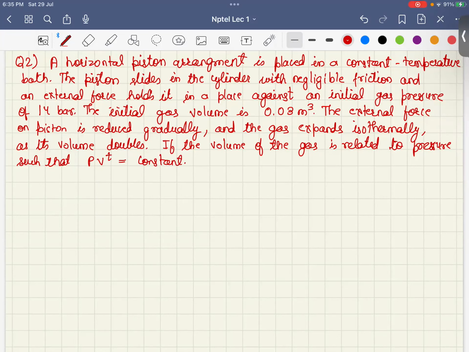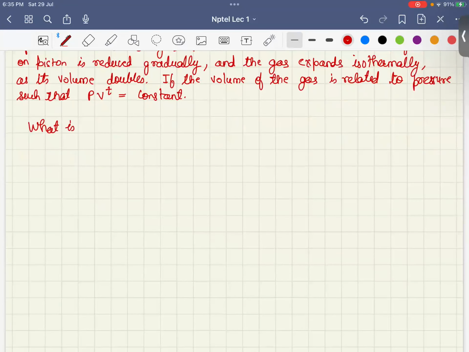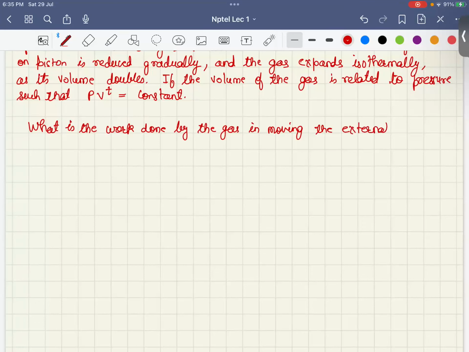So then what we are asked is, what is the work done by the gas in moving the external force?